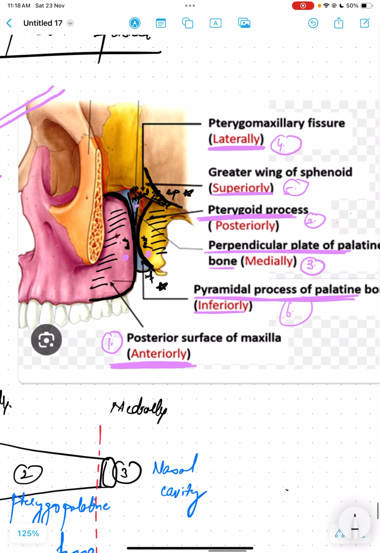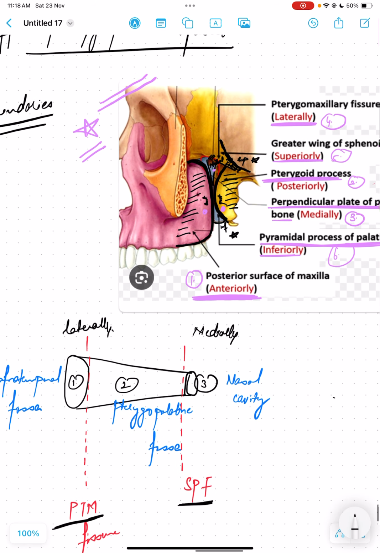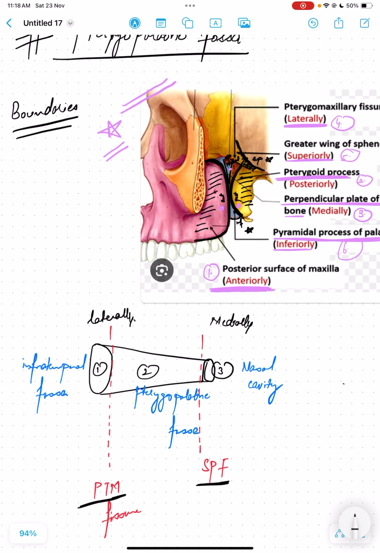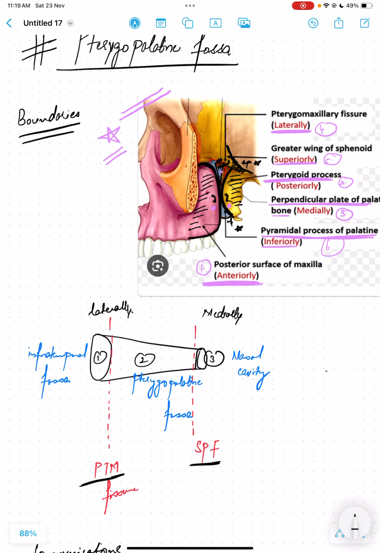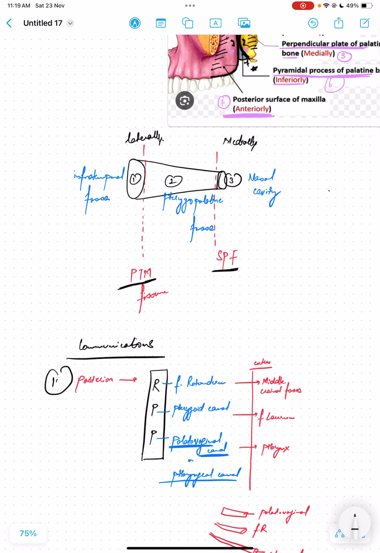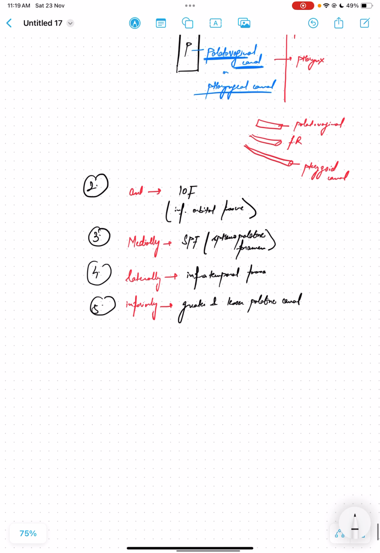Firstly, this diagram for the boundaries, and next this small diagram that I have made here: the infratemporal fossa, pterygopalatine fossa, and the nasal cavity. Between the infratemporal fossa and the pterygopalatine fossa, I have marked the PTM, pterygomaxillary fissure. And what are its contents? These were the communications.